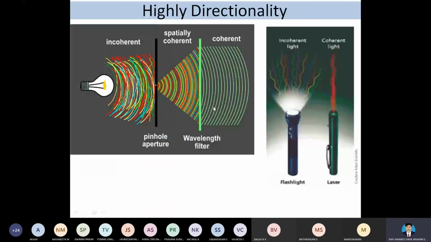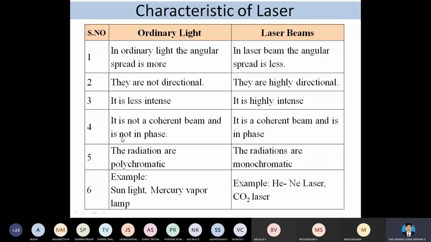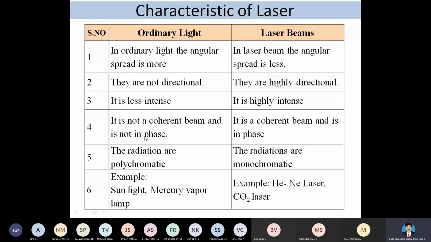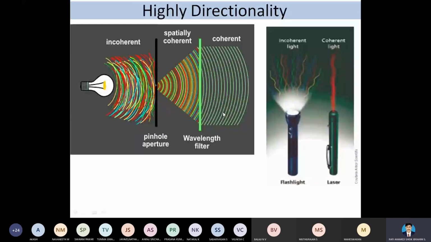It is not a coherent beam and is not in phase. For laser, it is a coherent beam and is in phase. We can compare this one. See, it is not coherent and also it is not in phase. We can see the overlap. Here the bands are arranged in an irregular fashion, one above the other. So it says that it is not in phase. But for the laser, we can see the separation also here.